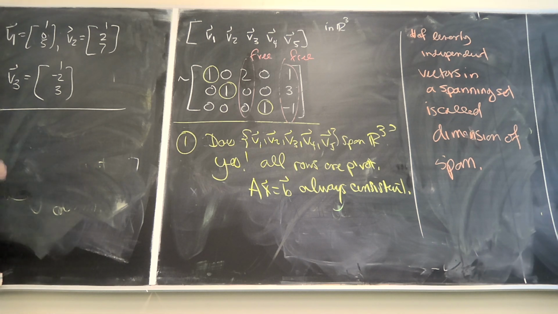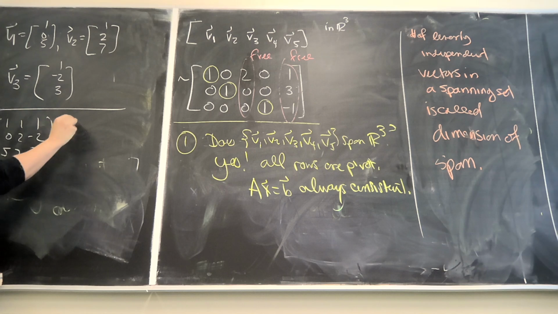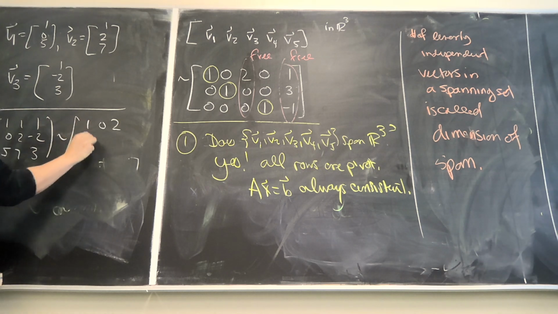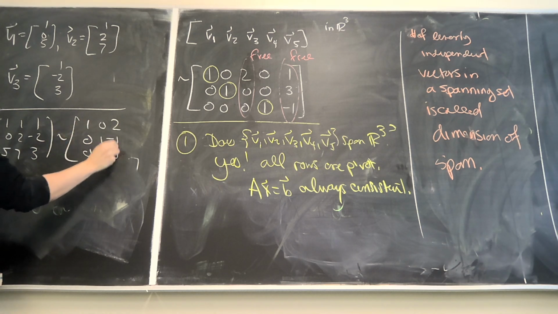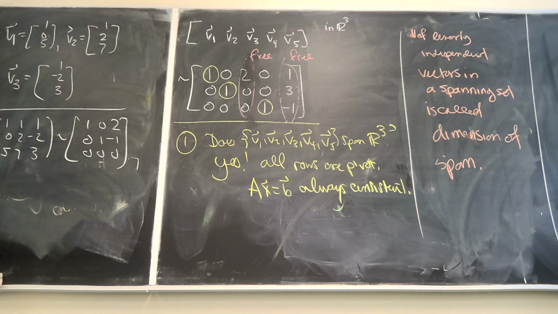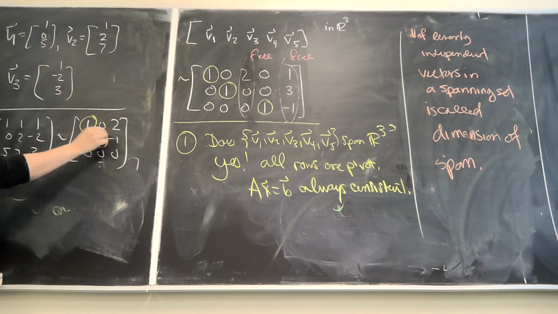So I'm going to make the following claim. We showed earlier that the matrix with rows 1, 1, 1, 0, 2, minus 2, 5, 7, we didn't show, I just told you, row reduces to 1, 0, 2, 0, 1, minus 1, 0, 0, 0. There's two pivot columns, here and here.